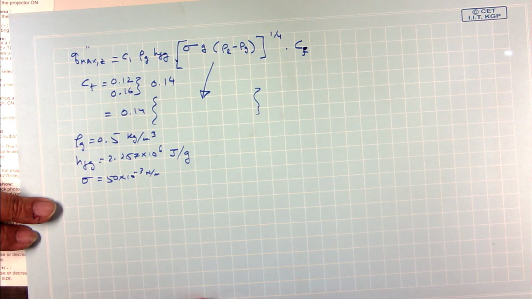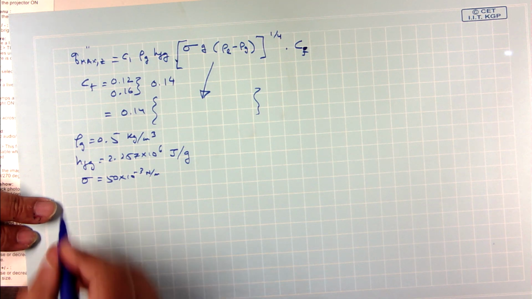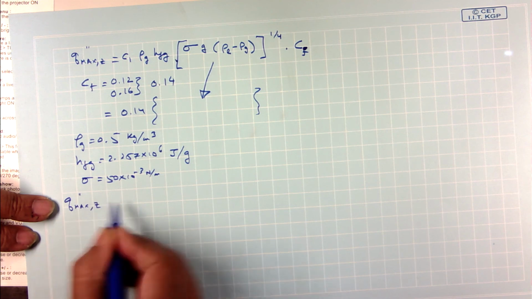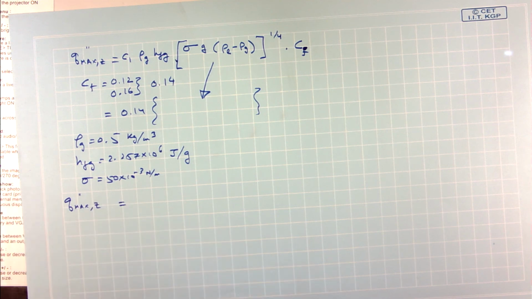Okay, so let us go ahead and calculate and see how much we get. I am sorry, C1 is approximately 1.